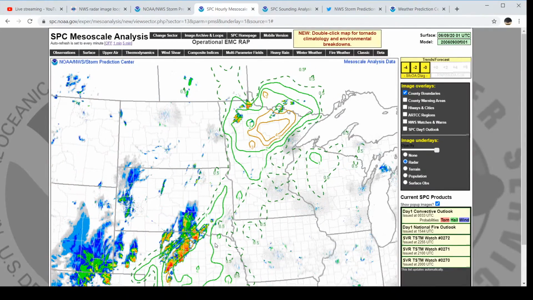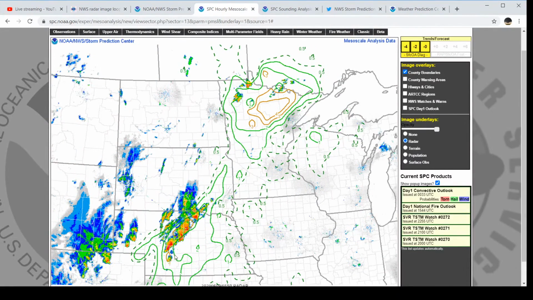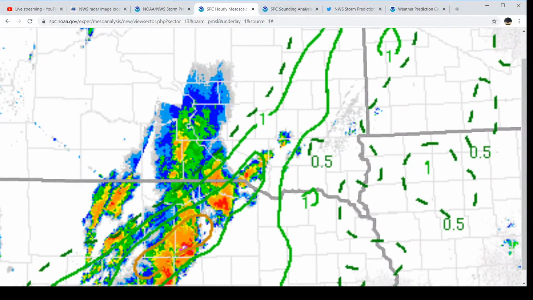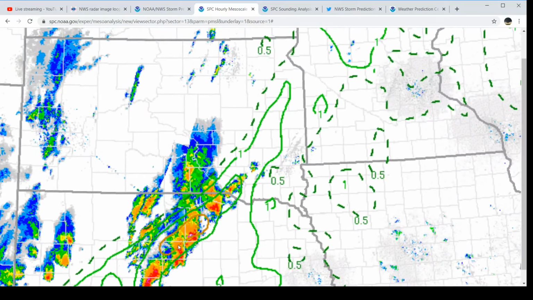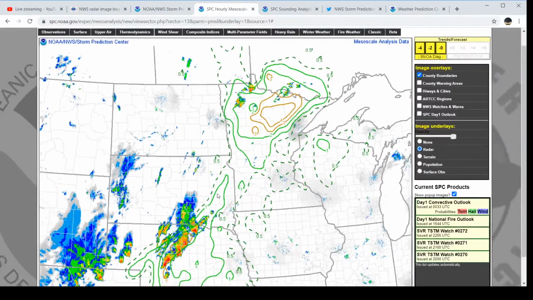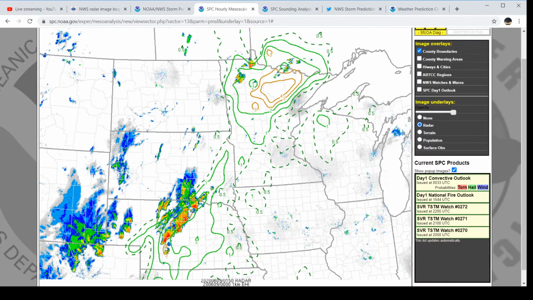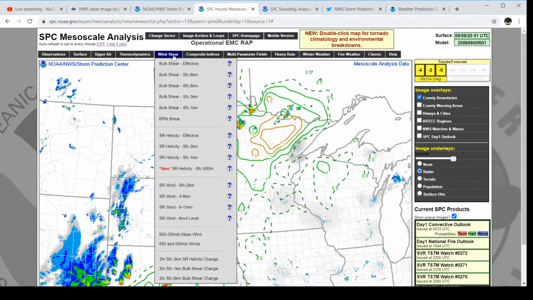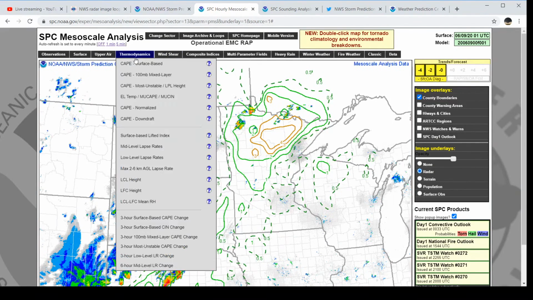Now if we look at our EHI, it's a little bit high, a 1 with a pocket of a 3 and a 2 here and there. So we do have a little bit of energy helicity, but like I said, the low levels are not very favorable for a strong tornado. Might have a brief spin up.